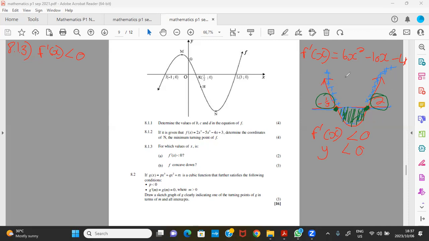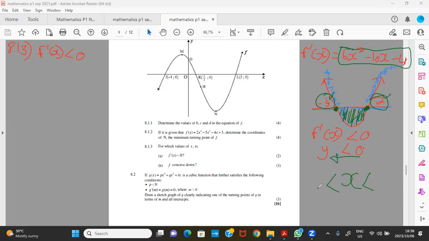To just double check, if you substitute any number between minus 1 over 3 and 2 into this formula, you are going to get a negative number. But how you're going to write it: since it's between two values, we are going to put x in the middle, then put two inequality signs, and they are always facing to the left.